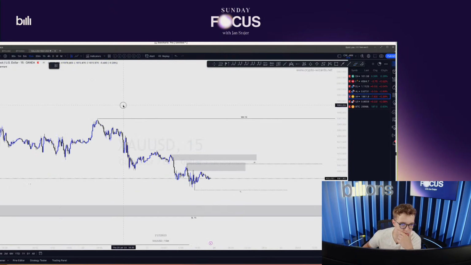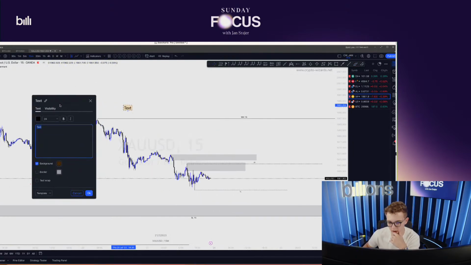As I said, I'm not really planning to trade gold because it's very volatile, very choppy, but that's the overall plan.